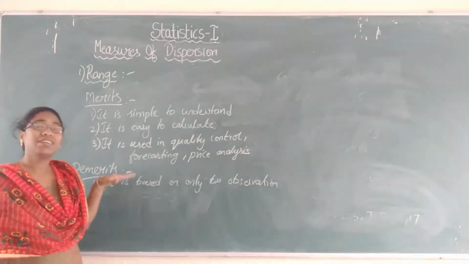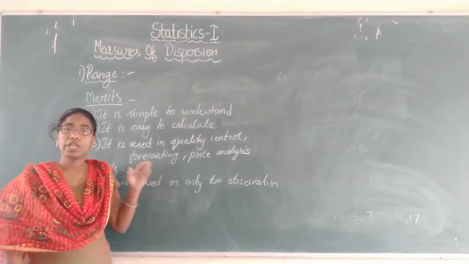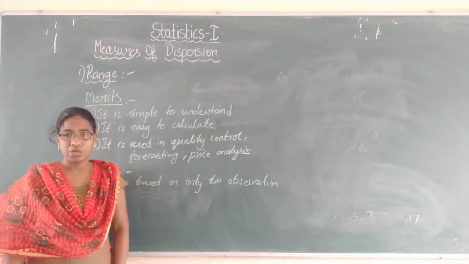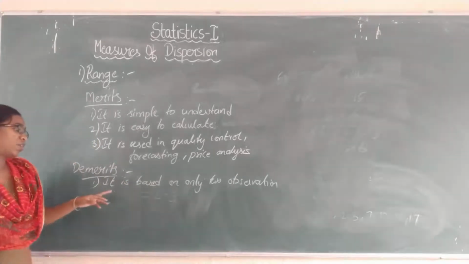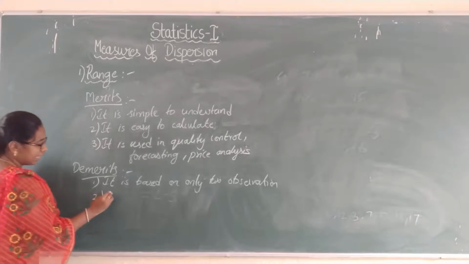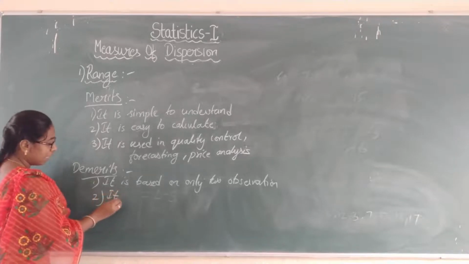But here we are finding the range only by using the maximum and the minimum values. So that's why it is a drawback that it is based on only two observations.